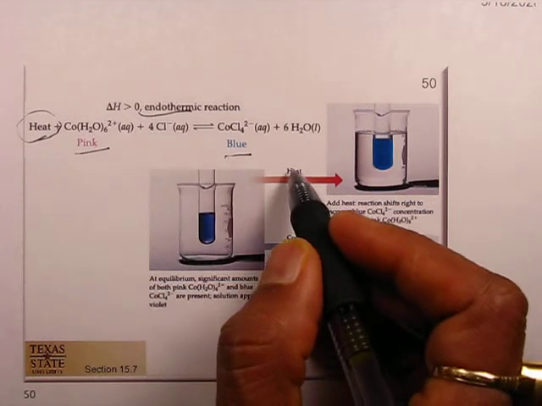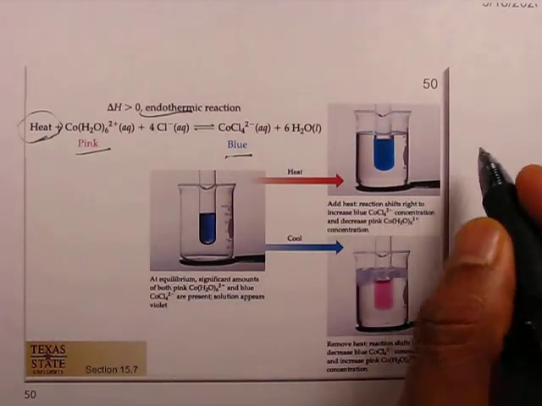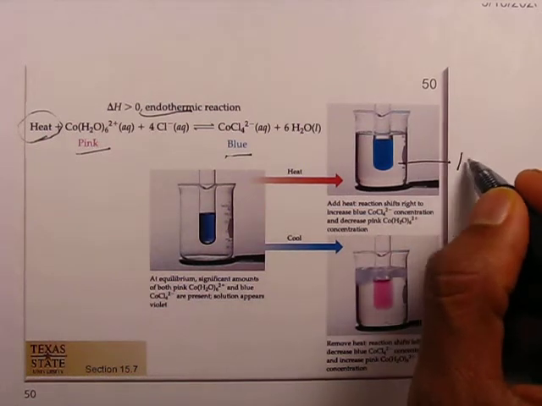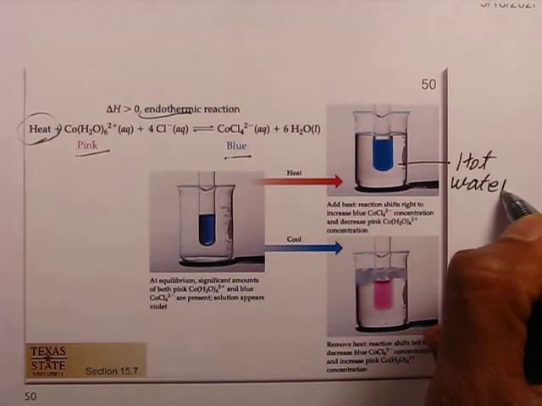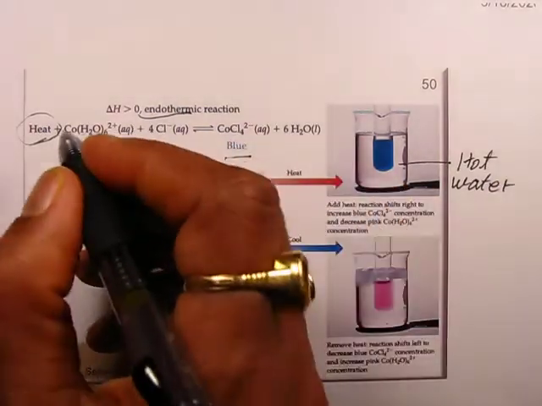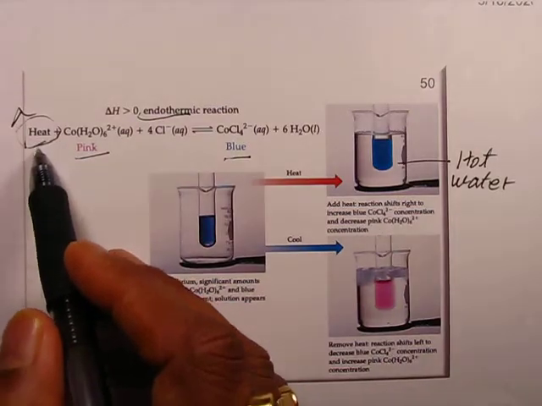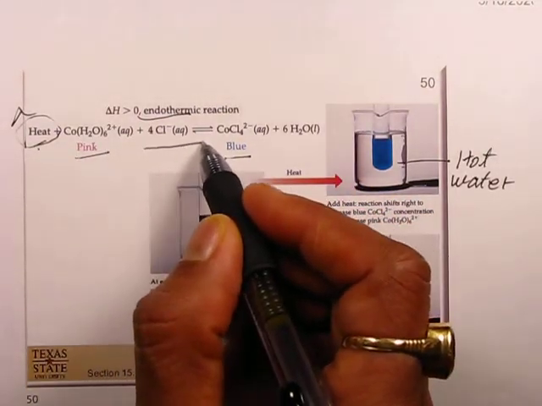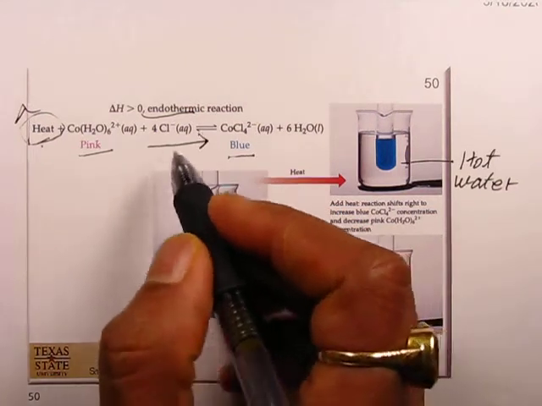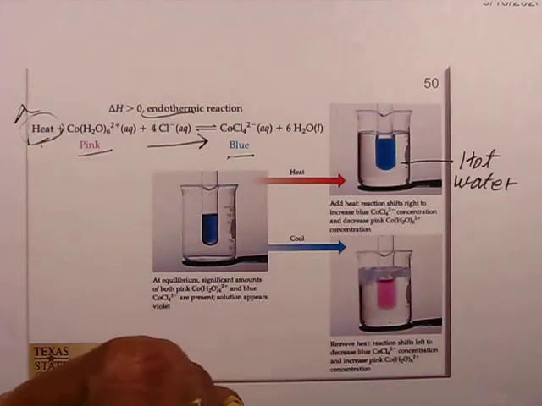If we increase the heat, if we put this in hot water, we are increasing the reactant. With more reactant, the equilibrium will shift toward the right side and product will form more. That is why we have blue color here, right.